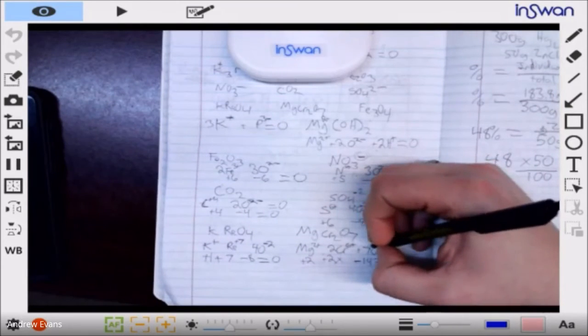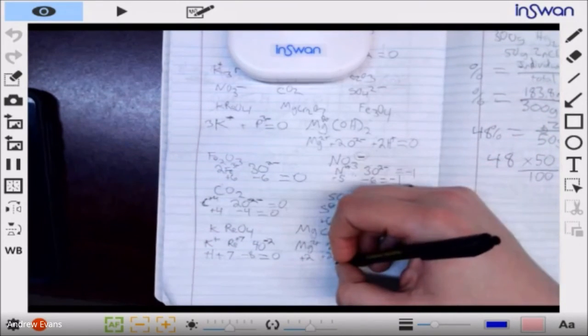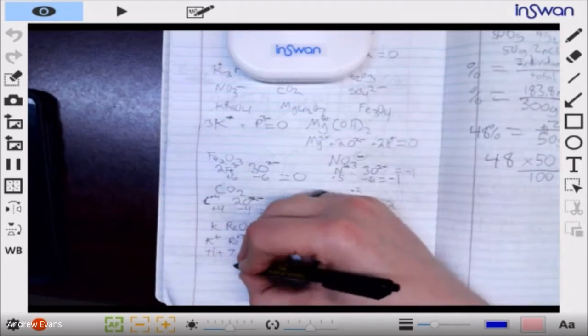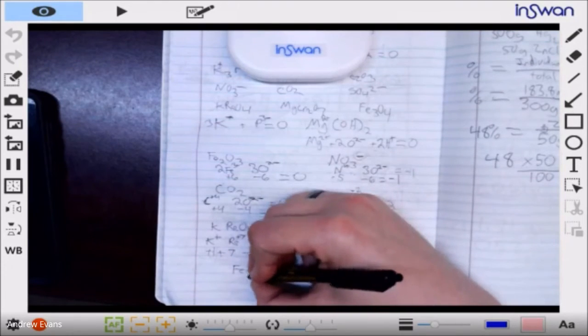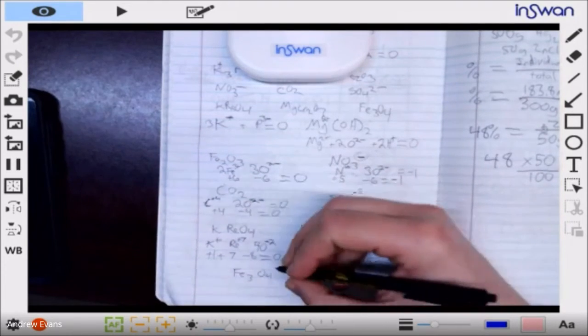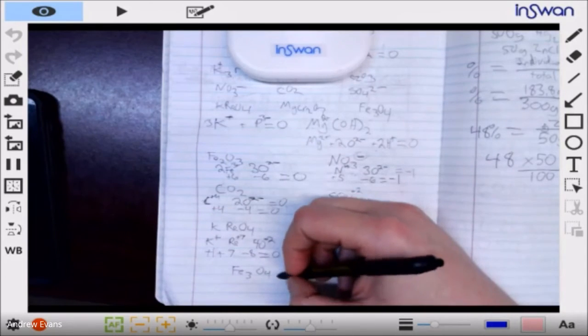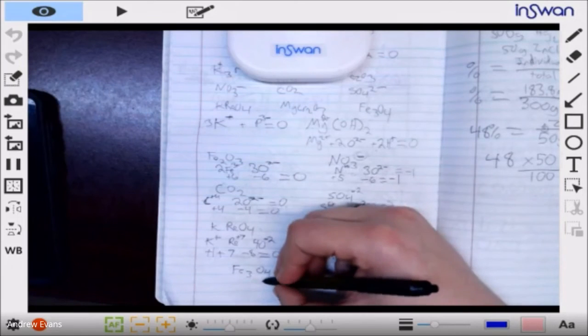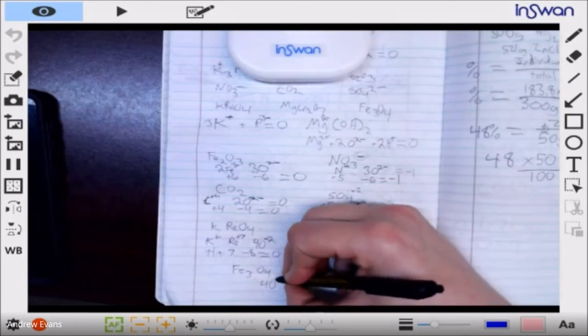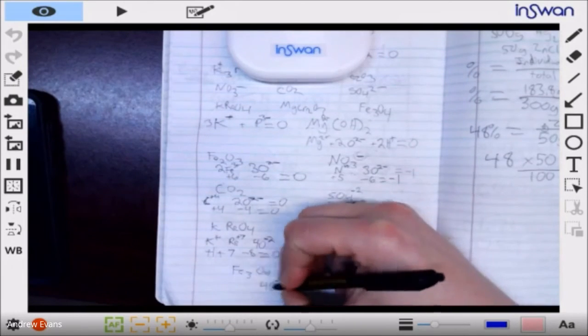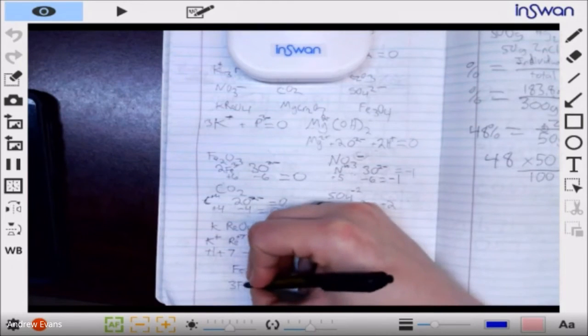So I'm throwing some of the hardest ones there. And this one is the mother of all. Fe3O4. Once again, this is total charge of 0. Each oxygen is 2-. We have 3 irons.